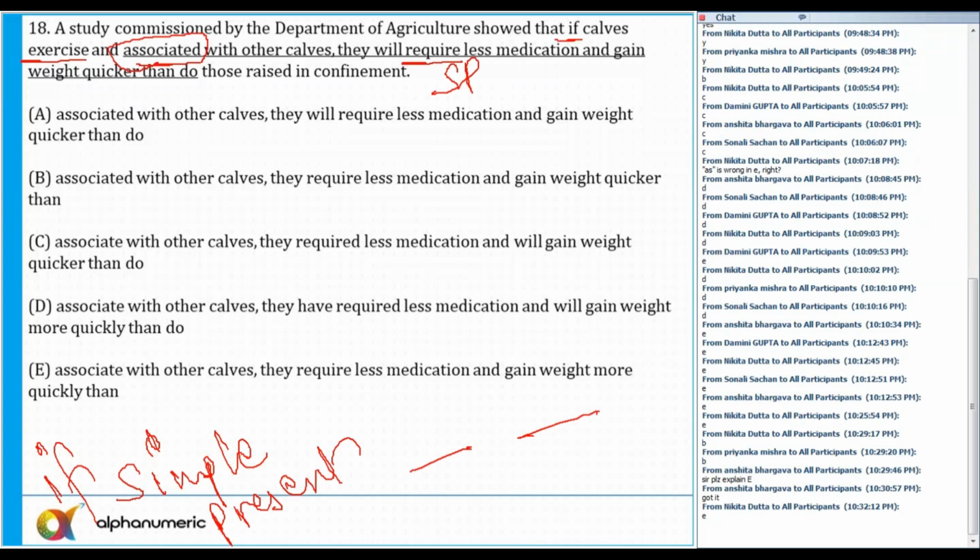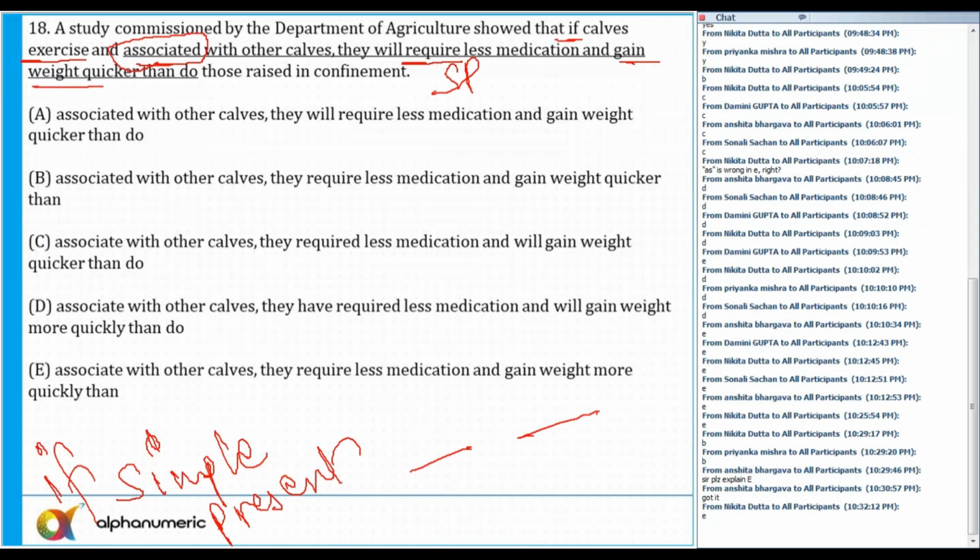They will require less medication and gain weight quicker. Quicker is an adjective. Gain weight is the verb, and how can an adjective modify the verb?